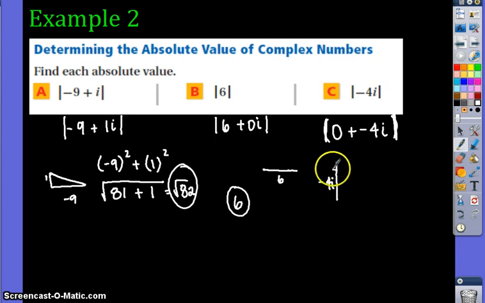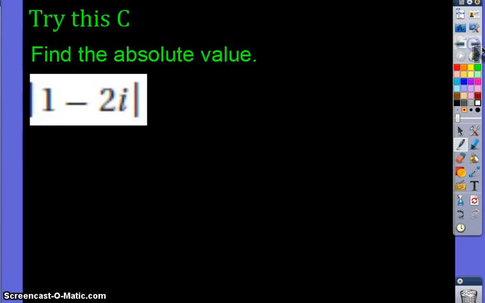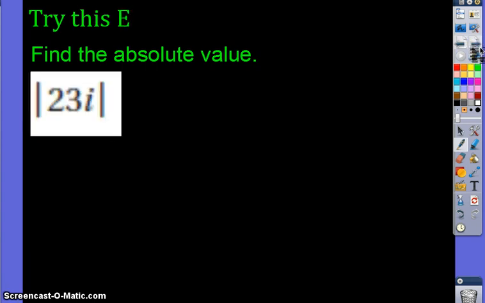In other words, and remember our units when we go this far are counting by i's, so we went down 4 units. So our absolute value is 4. Our absolute value is 4. All right, why don't you guys try this one, and this one, and this one.